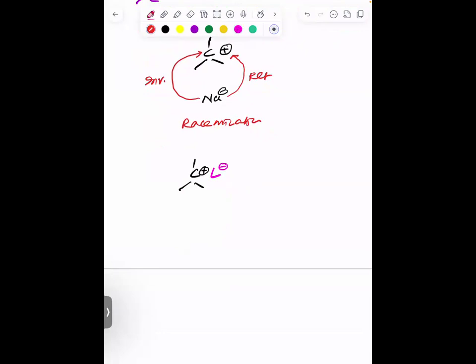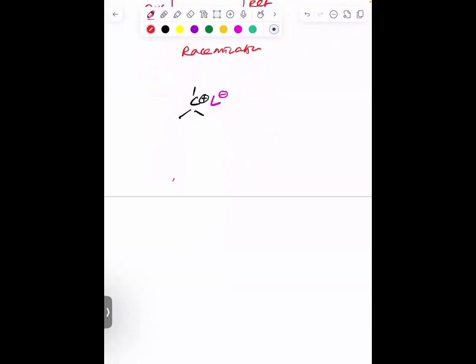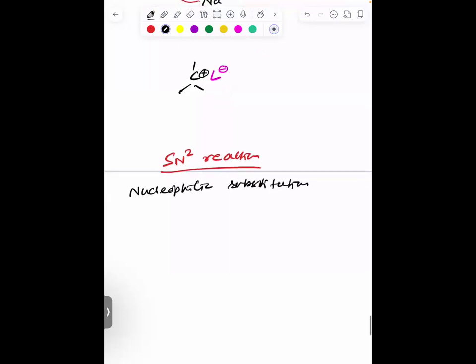Next, see the SN2 reaction. So what is SN2? SN2 is the nucleophilic substitution bimolecular reaction.